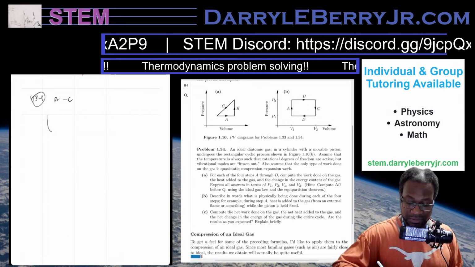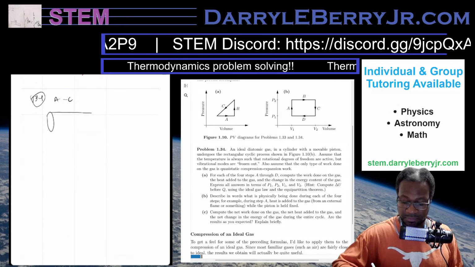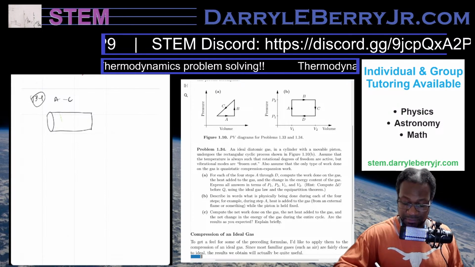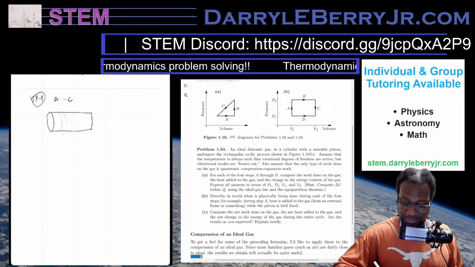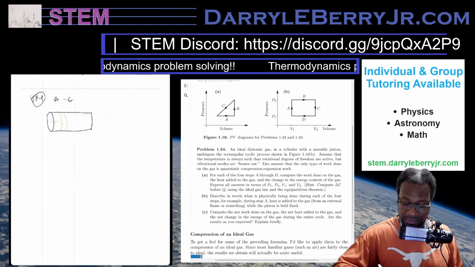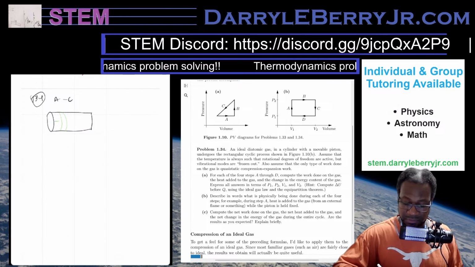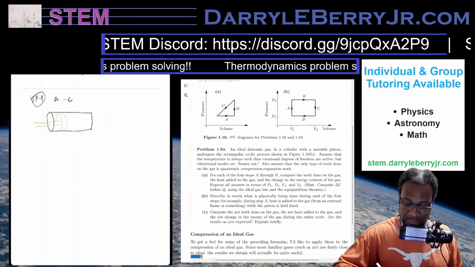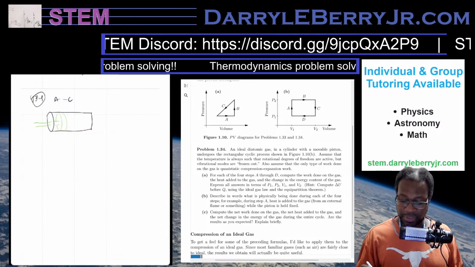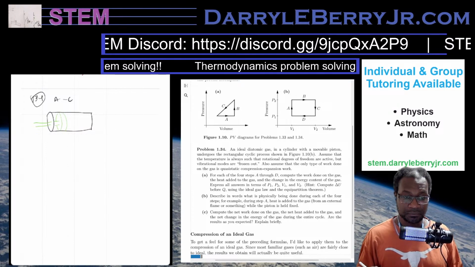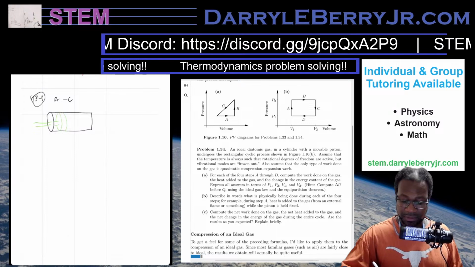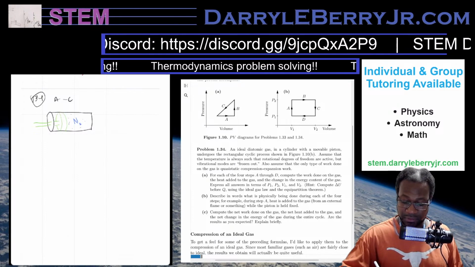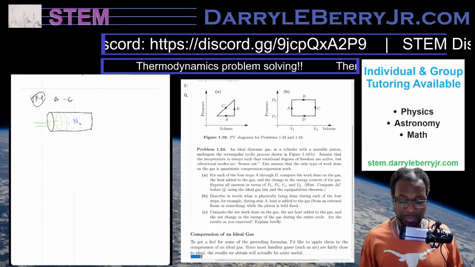So we have a cylinder, and we could imagine a piston up inside the cylinder, pushing on the air. An ideal diatomic gas, let's say N2, is floating in there. Movable piston.